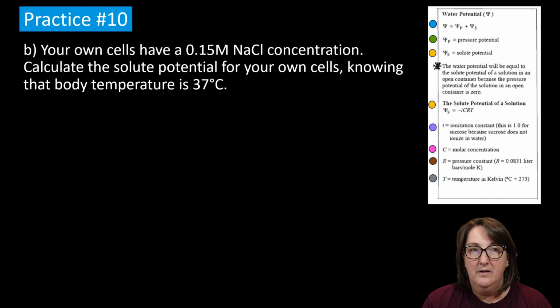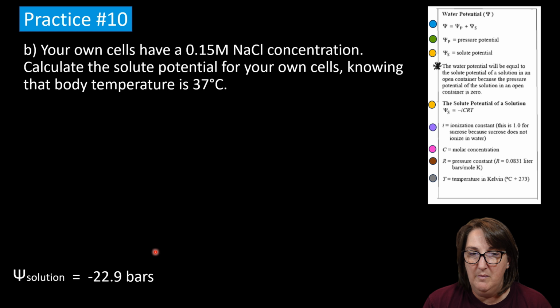All right, your own cells have 0.15 molar salt. Calculate the solute potential for your own cells knowing that your body temperature is 37 degrees Celsius. So now I'm going to put this down here, this is the salt water, and now I need to find it for the cell. I plug in my pieces.